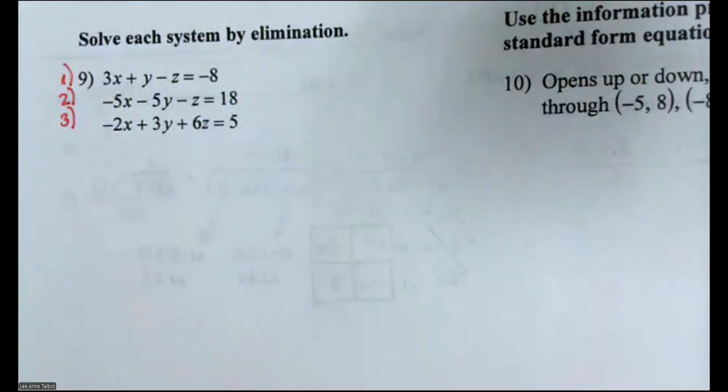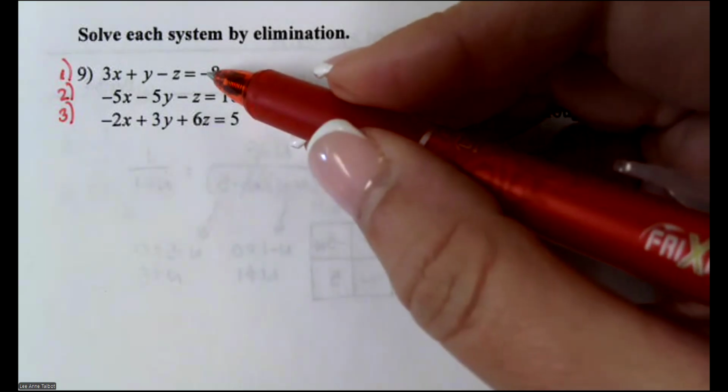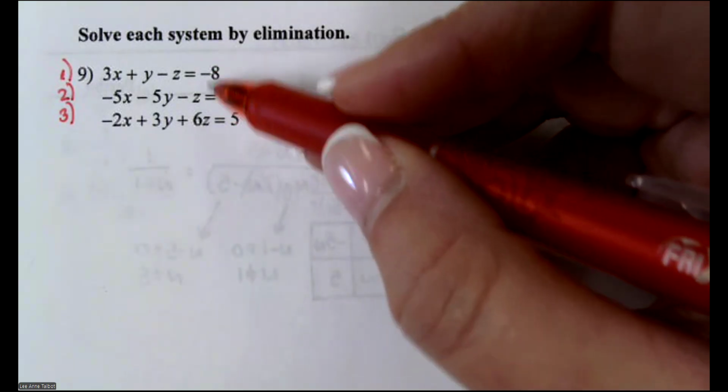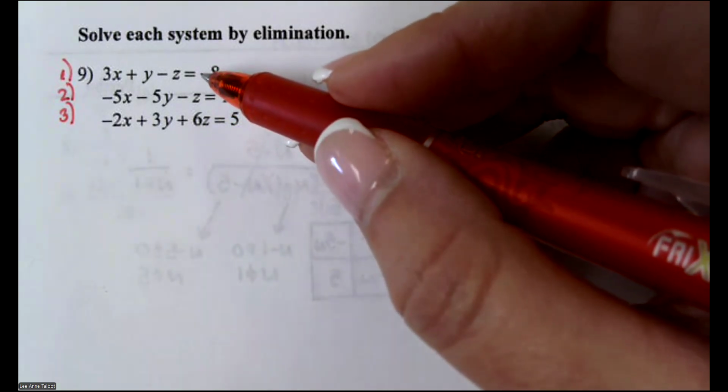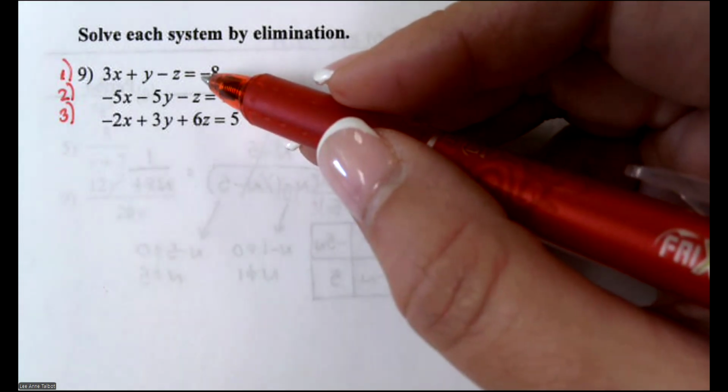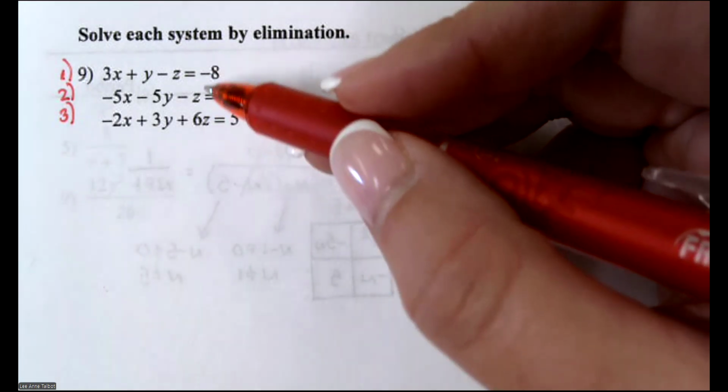Okay. I like Z. Would it make sense to you guys to do 1 and 2 and then 1 and 3? The second one doesn't really matter, but okay.